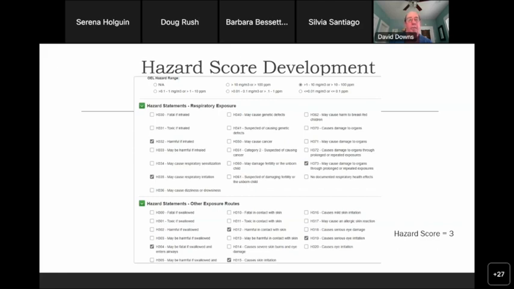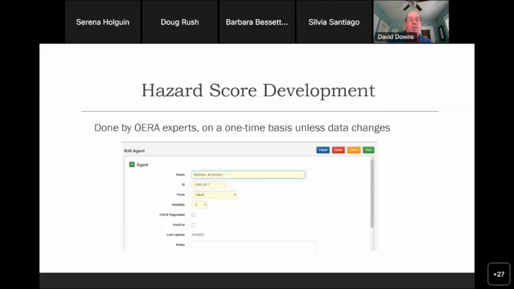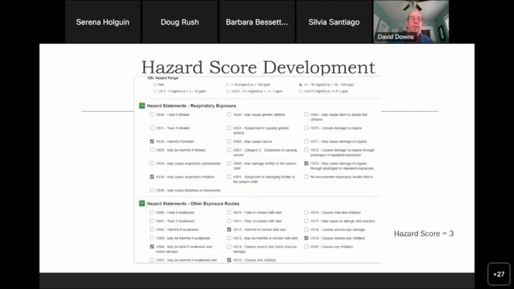And the system uses an algorithm, so for example, if you click on H330, fatal if inhaled, that automatically sends it to the hazard score of 5.